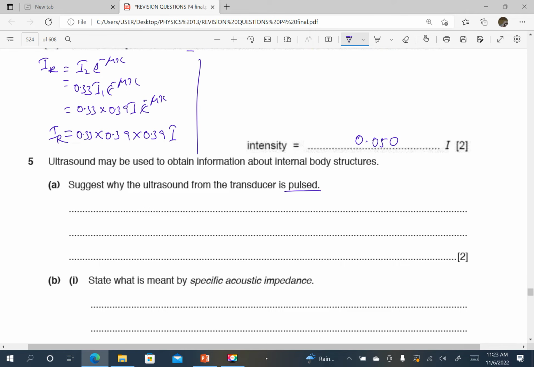So we simply say the same transducer emits and detects ultrasound.